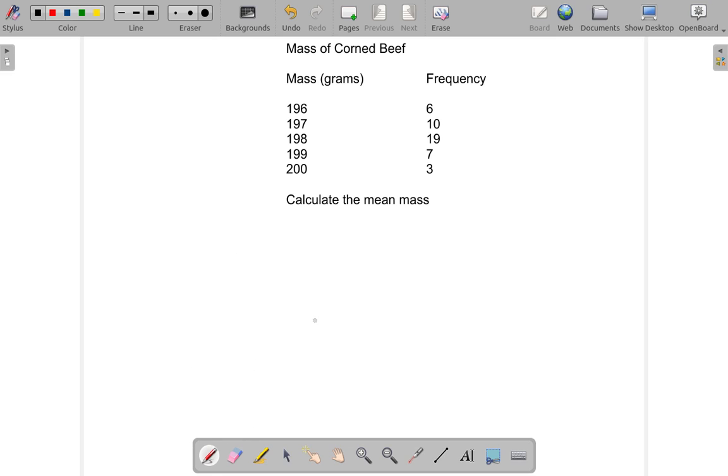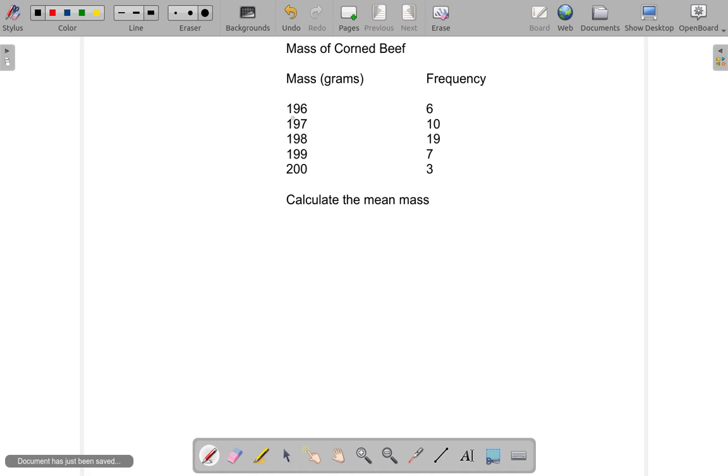Now, when you have a table distribution like this, what really is happening is this. Before, you had put them in a table format. You had 6 of them weighing 196.